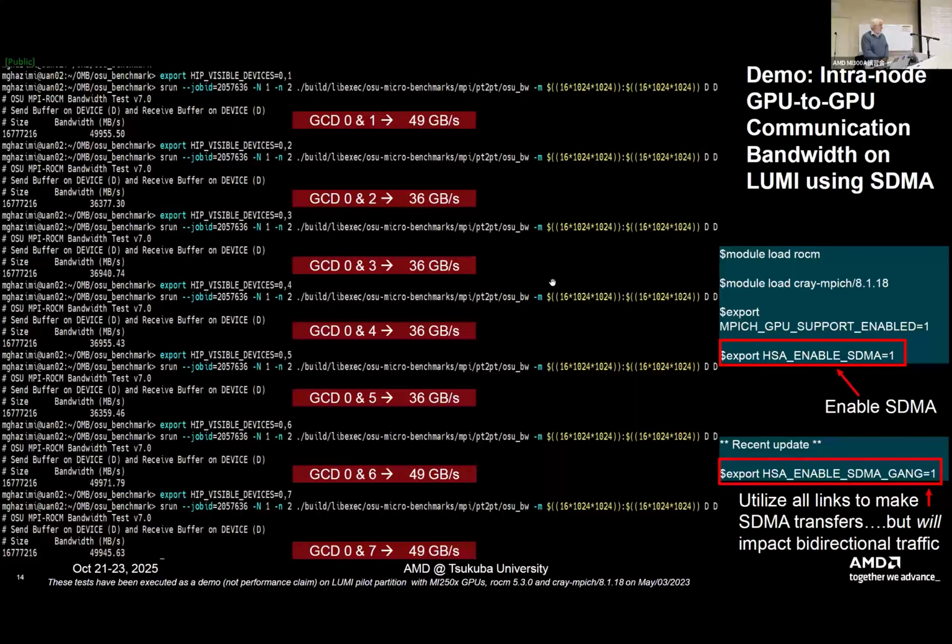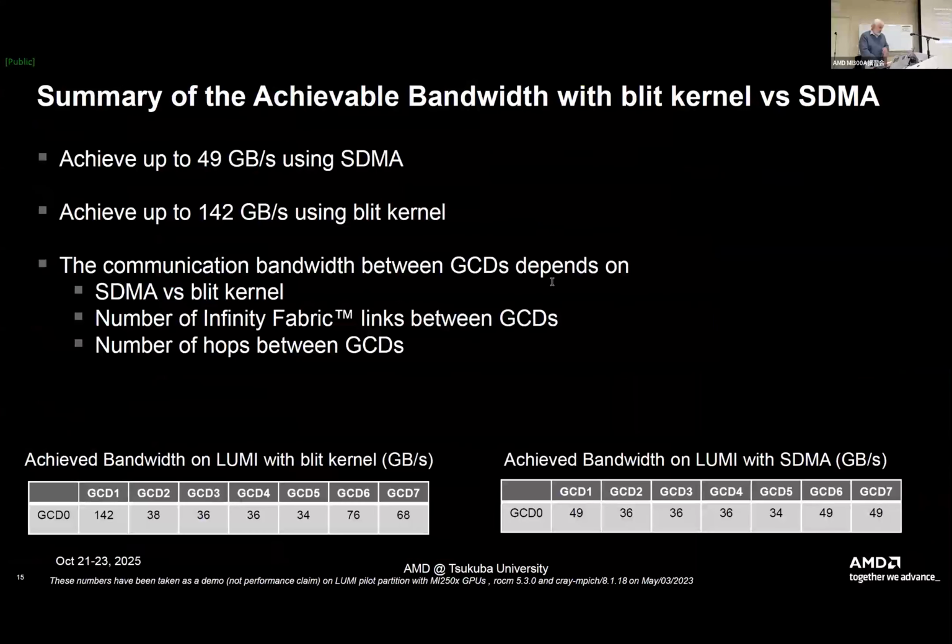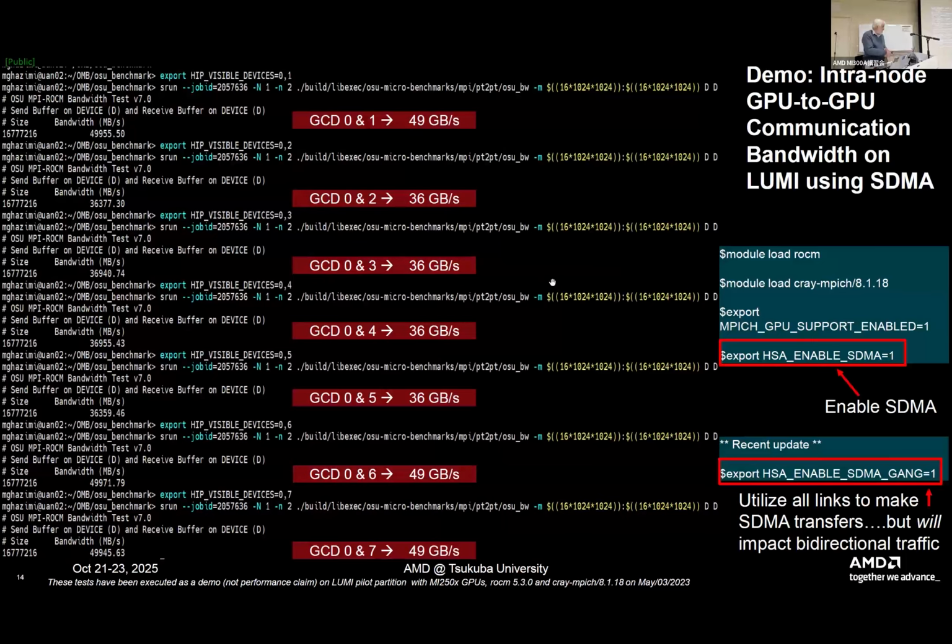Okay, so you can try that in your application and see what works best. Oh, and there's a new variable that we can gain the SDMA engine, so that will give us better performance, but will reduce bidirectional traffic.